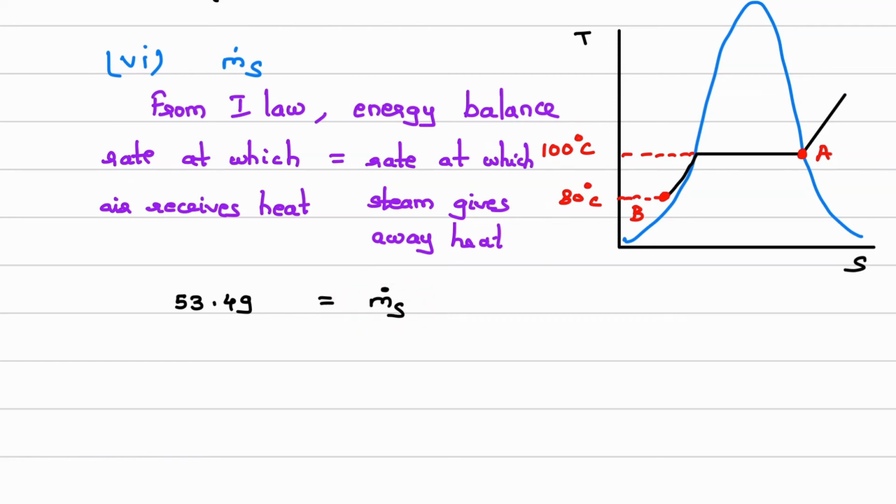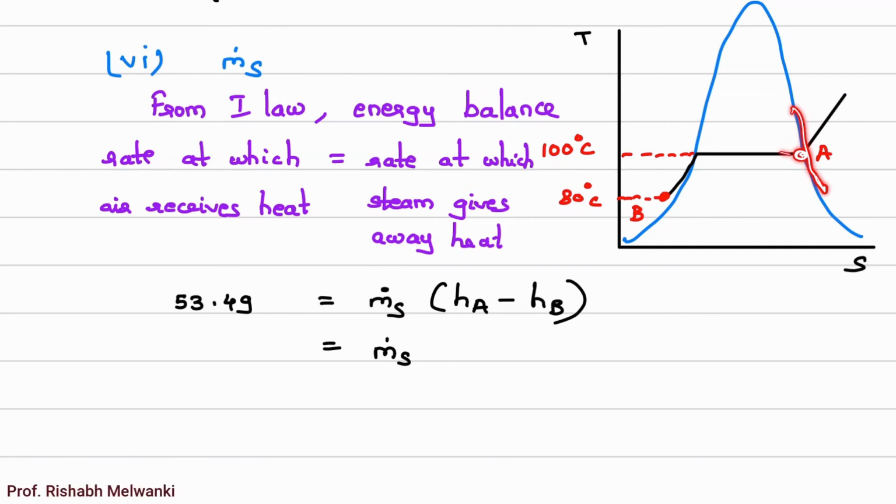What is the higher enthalpy here? This steam is at saturated vapor. It gives away the heat and gets converted into subcooled liquid. So higher enthalpy will be HA. In bracket I'll write higher enthalpy HA minus HB, equal to m dot S. What is HA? HA will be Hg, because it is saturated vapor.